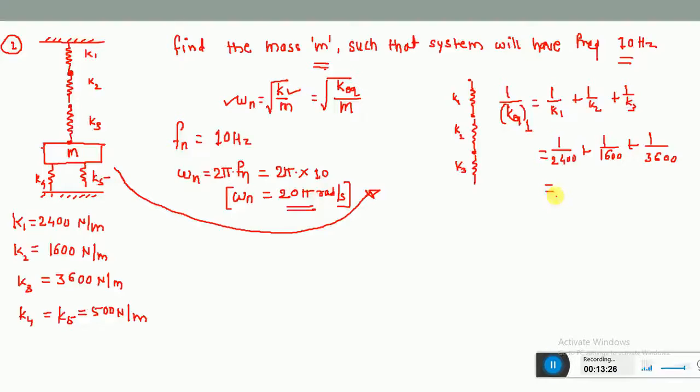So this value is 757.89 Newton per meter. So this is the value of K equivalent 1. To find this value, we have to find the total addition and then take the inverse.